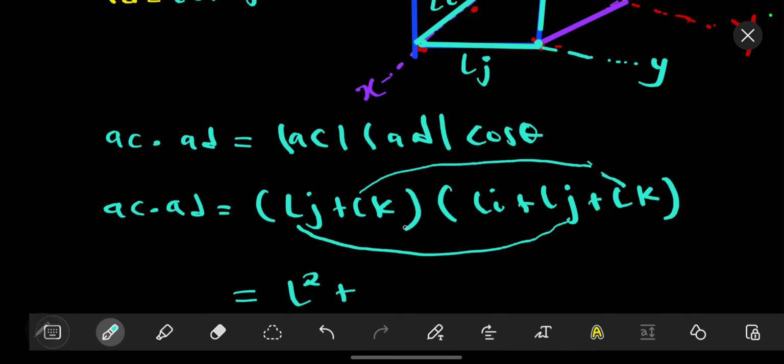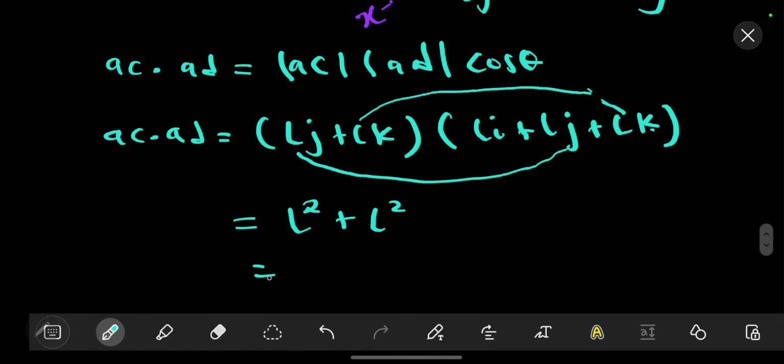So we have plus L times L, which is L squared. K times K is 1. In case you don't know that, kindly comment so that I can forward you the link. So when we add this, we are going to get L squared plus L squared, which is 2L squared.